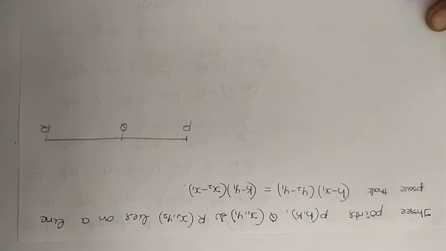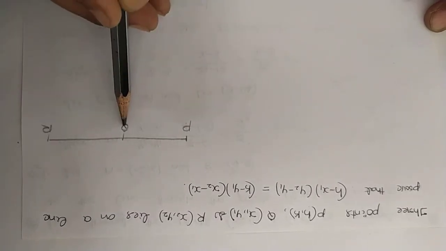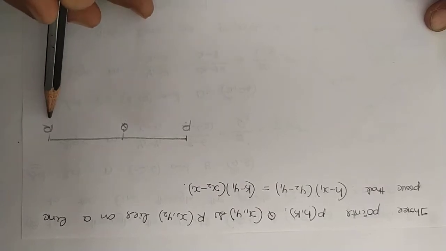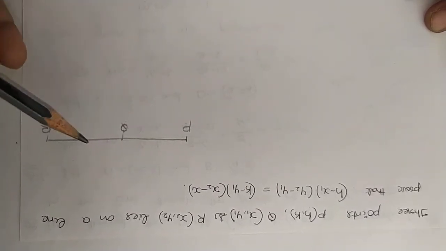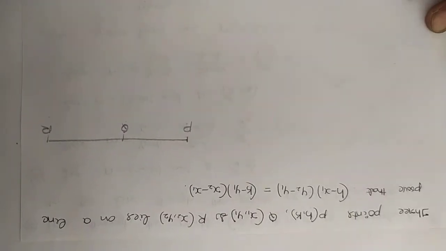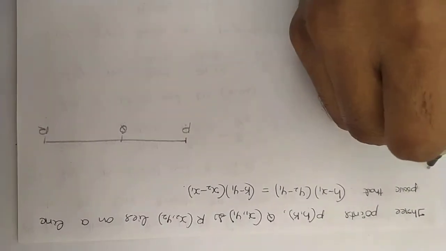Those conditions are: slope of AB equals slope of BC, or slope of triangle ABC equals 0, or AB plus BC equals AC. Among the 3 conditions, I am going to take slope of PQ equals slope of QR. I already explained these things just now. Let us prove.